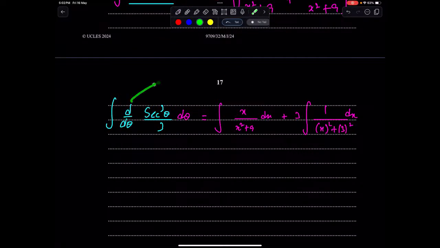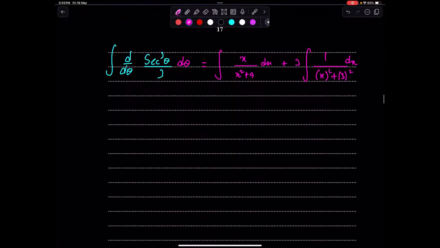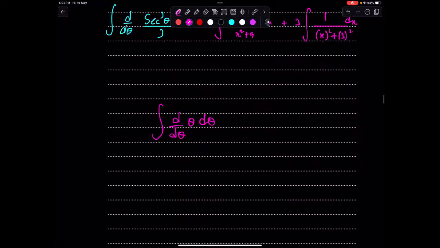Now this means differentiation. d upon d theta means differentiation, and this means integration. If I have d upon d theta of theta and d theta, then this factor means differentiate theta. When we differentiate theta, we get 1.